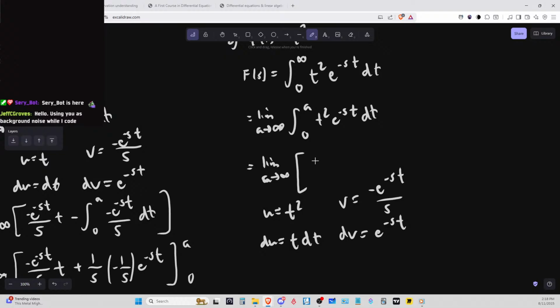So we can write this as negative e^(-st) over s times t squared, minus the integral from a to 0 of e^(-st) over s times 2t dt, and then we're going to have to do integration by parts again.